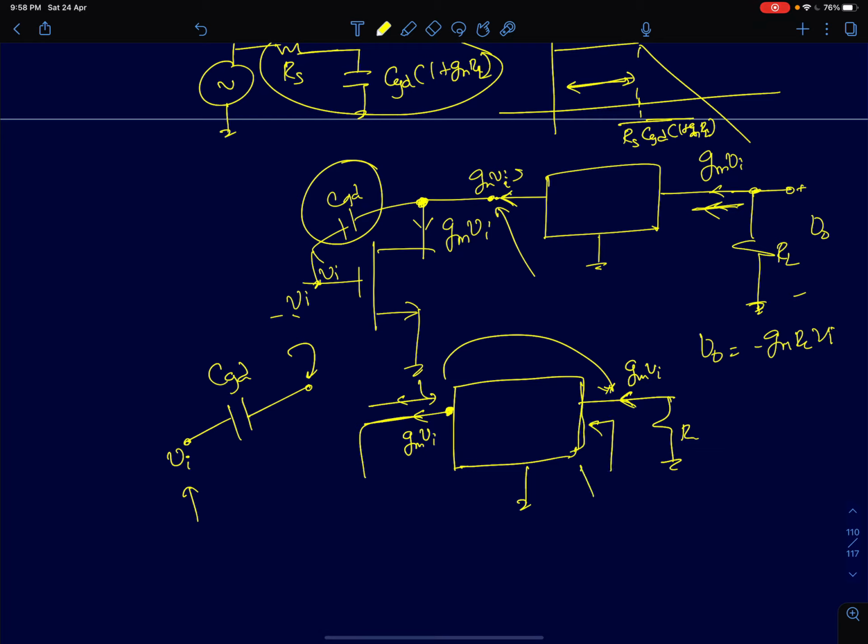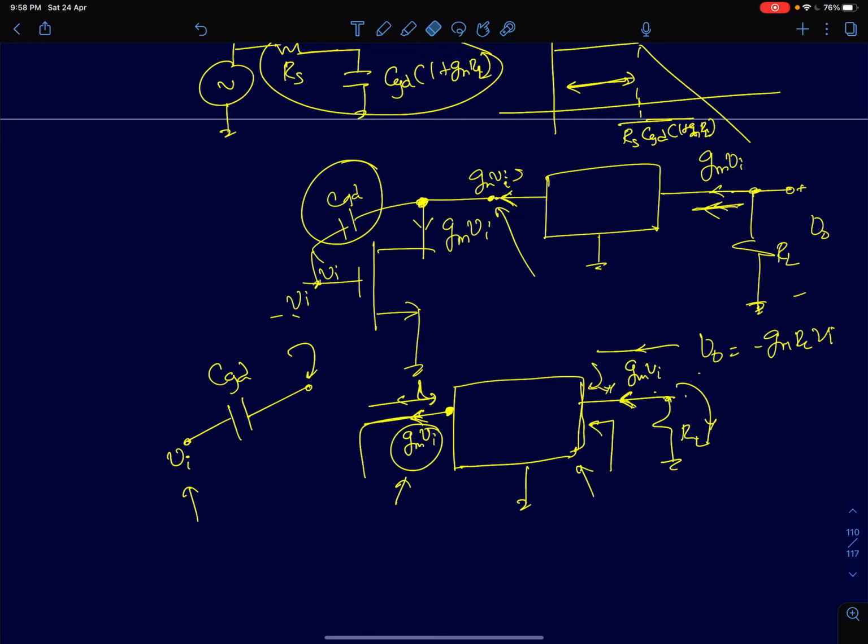The output resistance of this device will be so high that most of the current that it is going to output will flow into the load resistance. And that device is nothing but a current amplifier. A current amplifier by definition has an extremely low input impedance and a very high output impedance. So if I feed an input current GMVI, it can transfer the same current to another node.